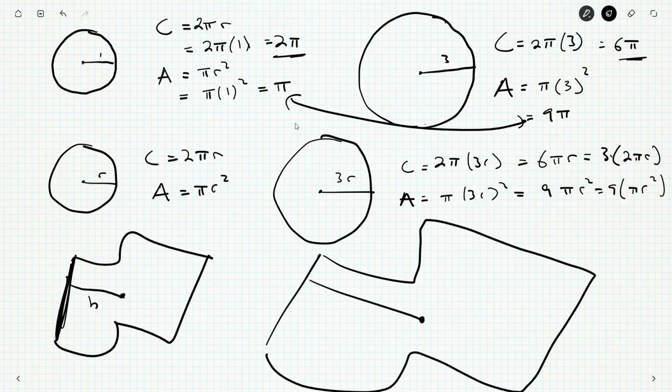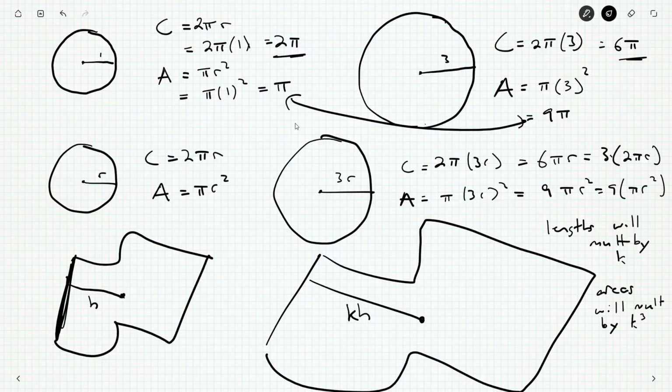If you increase all lengths that define your figure by a certain amount, let's actually, we've been using r in the question, so let's call it k. If everything gets stretched by k, all lengths will multiply by k. All areas will multiply by k squared. And all volumes will multiply by k cubed.